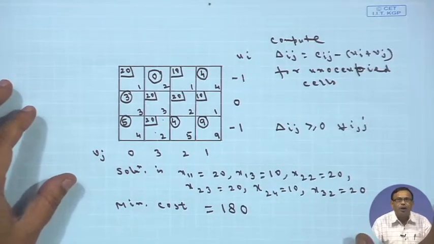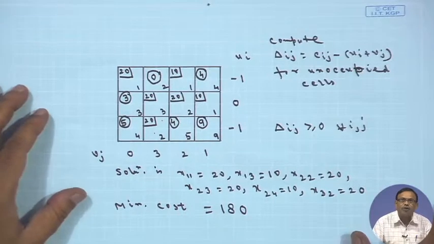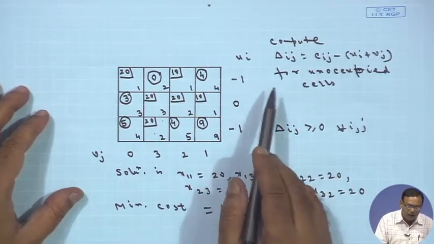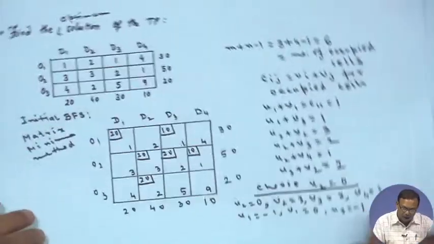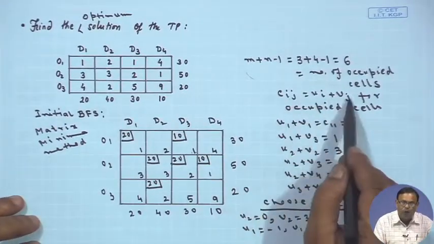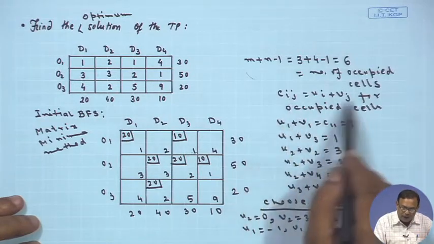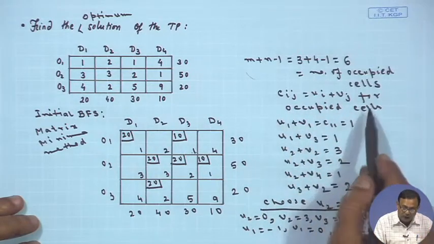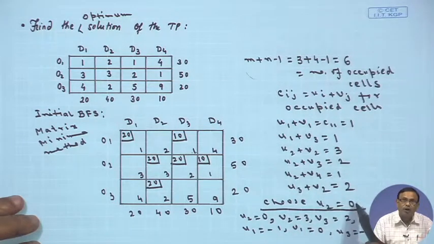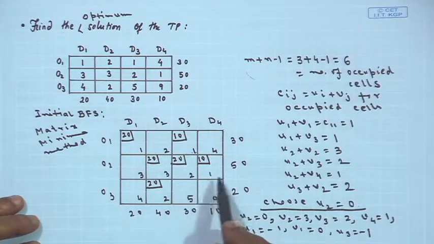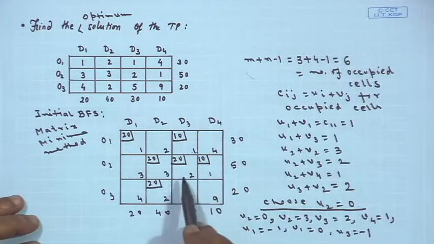So, this is a problem which explains how to check the optimality. For optimality, basically you are calculating Ui and Vj using Cij equals Ui plus Vj for occupied cells. You are forming the equations, choosing one variable as 0, corresponding to the row which has the maximum number of occupied cells.